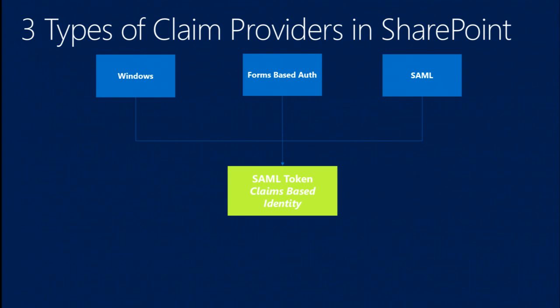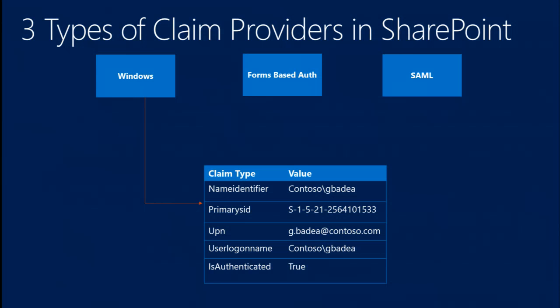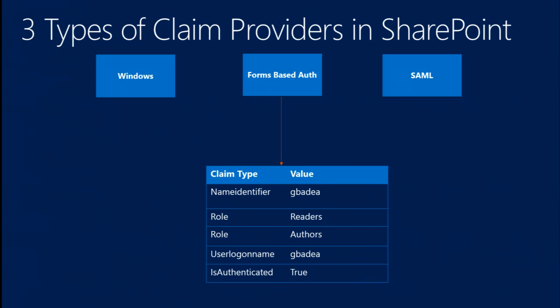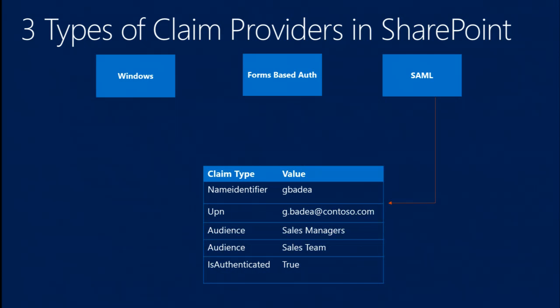So now, depending on the authentication path and the claims setup, our SAML token will contain a different set of claims. So for instance, with Windows claims, we'll get information like primary SID or UPN attributes from Active Directory. With forms-based authentication, we could get a role attribute or a name identifier. And with the SAML token, we can get custom claims like audience, for instance.